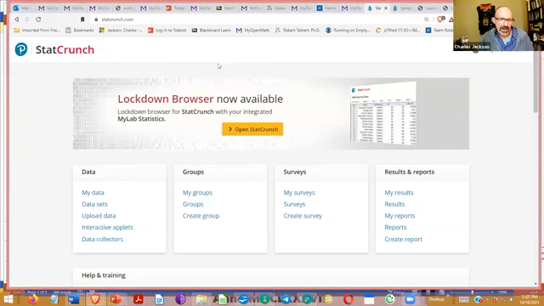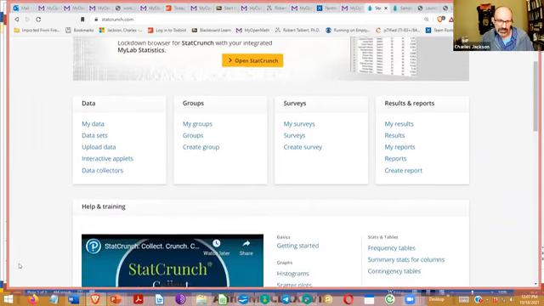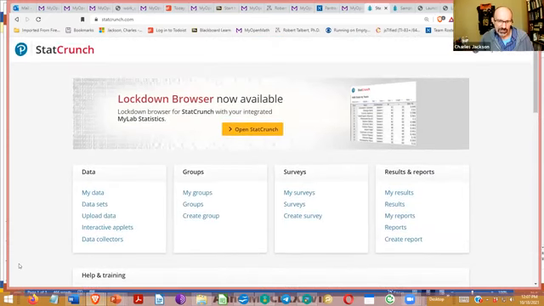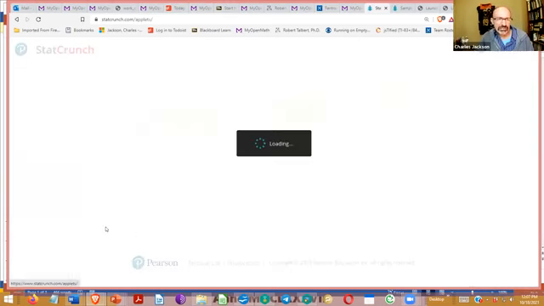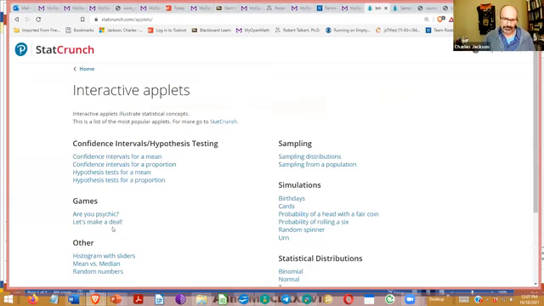So on mine, and they've changed things here, so it could have changed on yours also. So we'll see how this goes. But on mine, it looks like this. Interactive applets. Sampling distributions. There are a lot of applets here, and most of them are really good actually, but we're choosing sampling distributions.